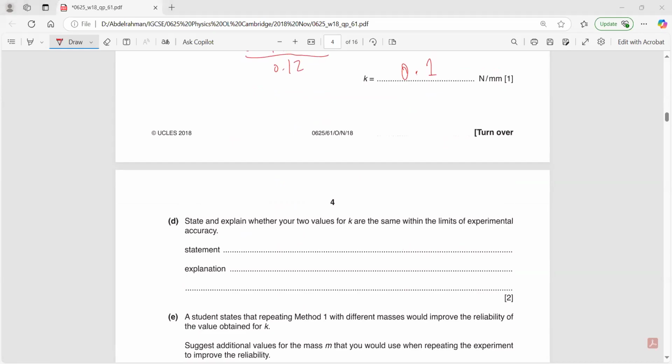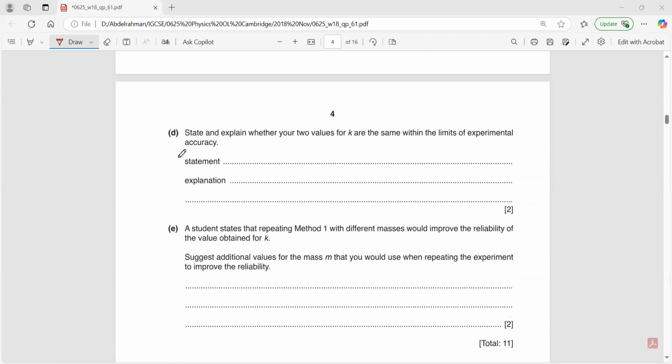How do we know if they are equal or not? We will use the percentage error. Do you remember how we find the percentage error or the percentage difference? The whole point is, are they within the limits of experimental accuracy or not? We simply divided the larger number by the smaller number.